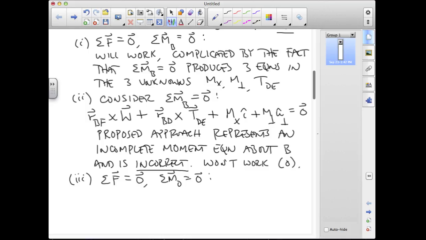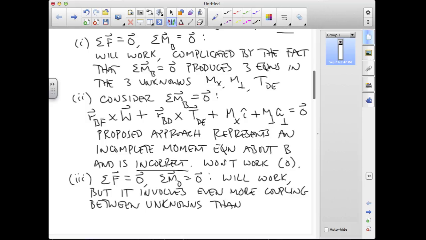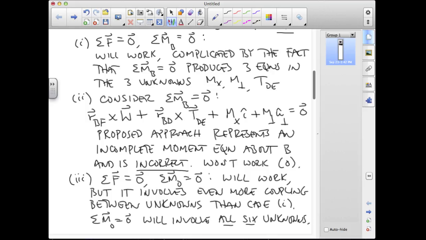So this will work, but it involves even more unknowns, even more coupling than in the first case. In particular, the sum of the moments about O equals 0 will involve all 6 unknowns. So while this is possible, it's a really inefficient way of solving the problem and one we should probably avoid.